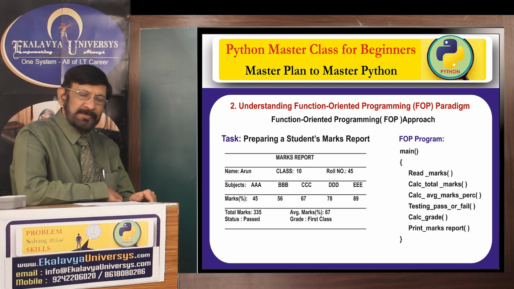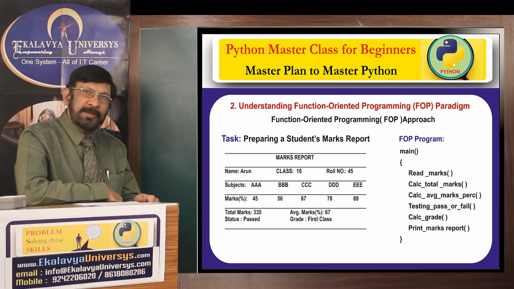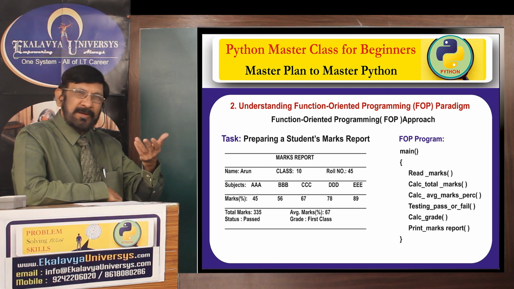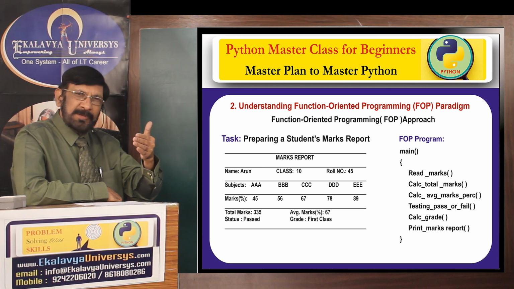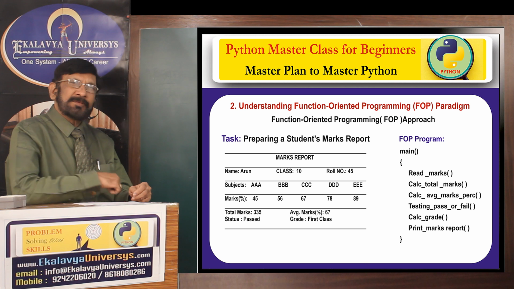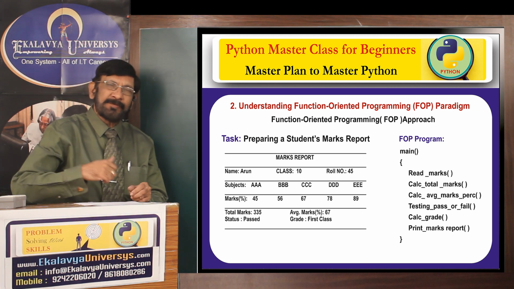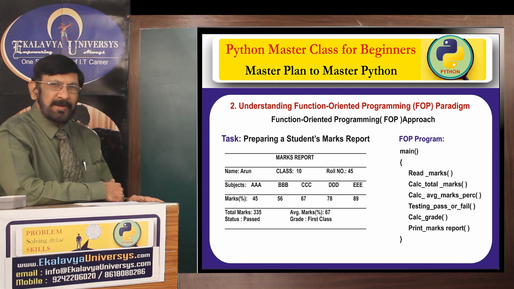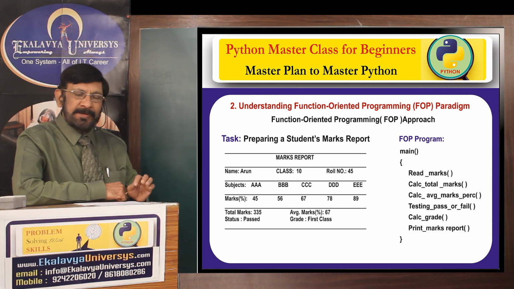That is another subtask. Thereafter, evaluating the grade. You know that up to 35% is pass percentage. Thereafter, 35 to 50 third class, 50 to 60 second class, 60 to 70 first class, 70 or above distinction, like that. So that is evaluating grade.